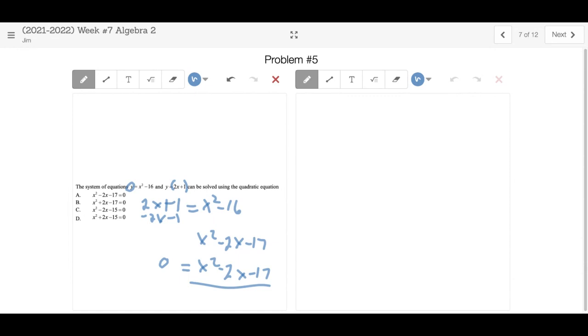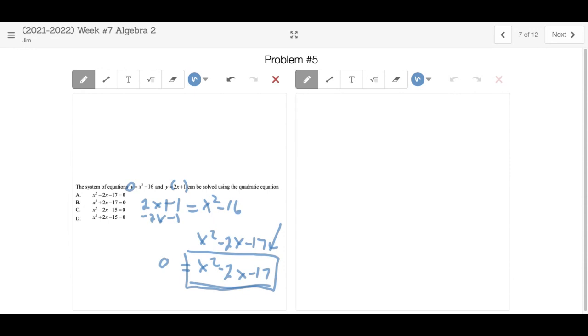It doesn't ask me to solve. It just asked me to rewrite this so I could use the quadratic formula, okay? So this is the equation I would use if I was going to use the quadratic formula.